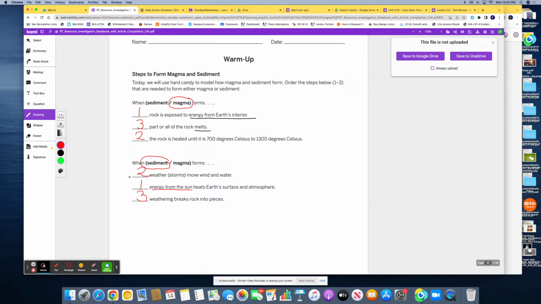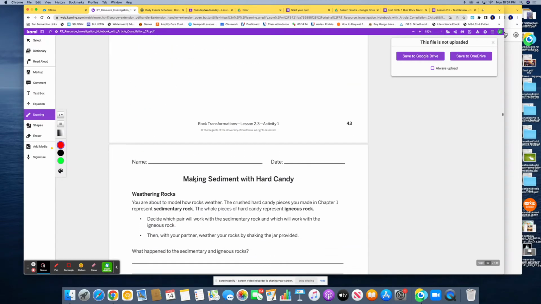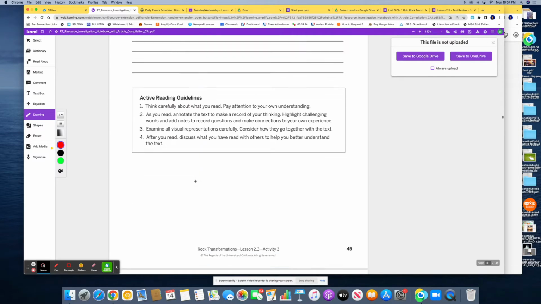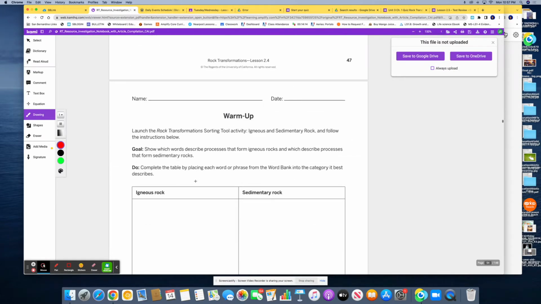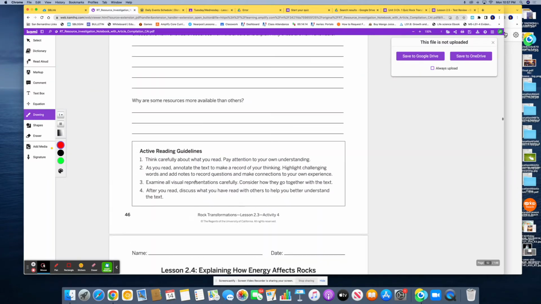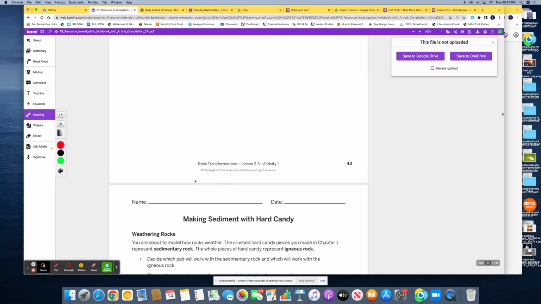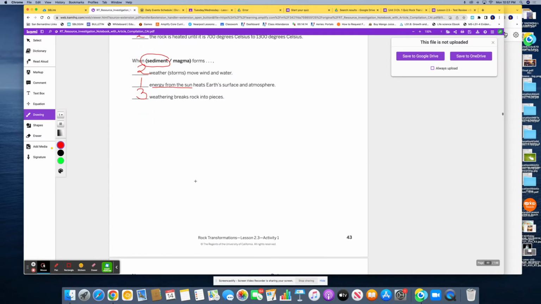All right, so the next thing that we have, so it's green group. So actually the one we just did right now, that was page 43.